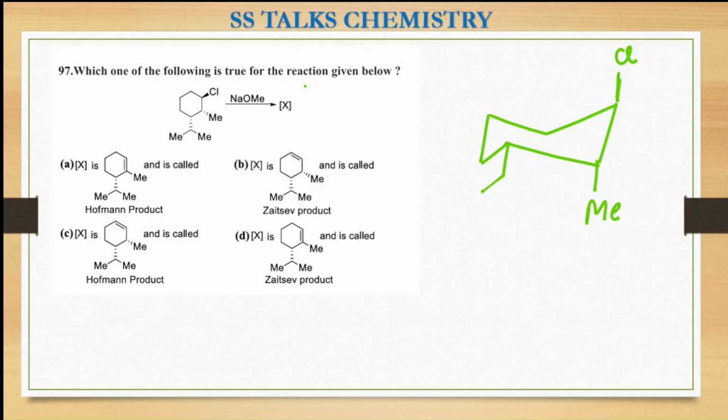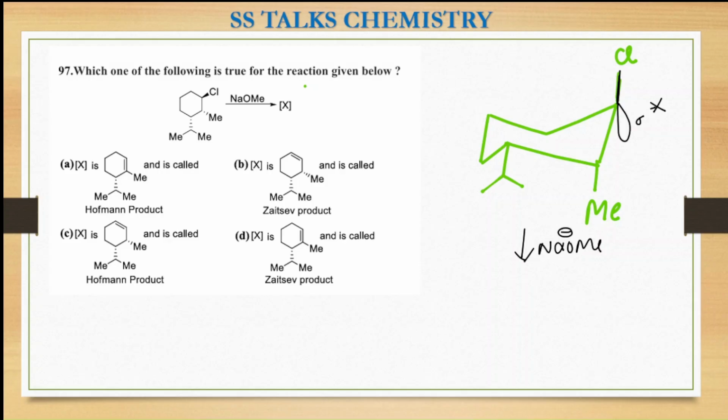This will be its equatorial position. This is the species that is given to us. So here now this is treated with the NaOMe species. NaOMe species, it has been treated. So elimination will be taking place over here. This is the chlorine group that is gonna leave, and its sigma star, it will be present over here like this.